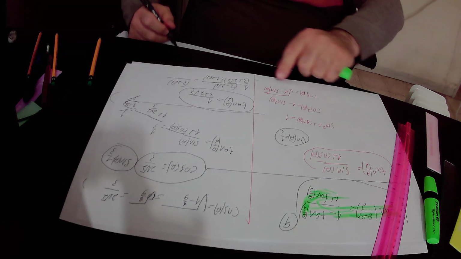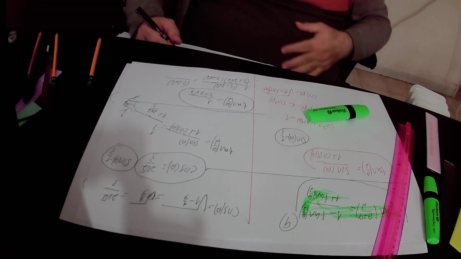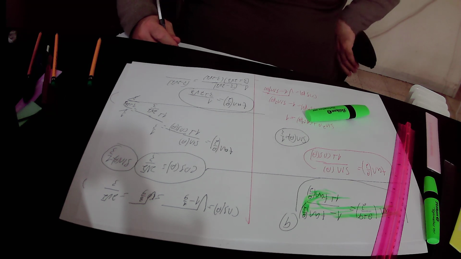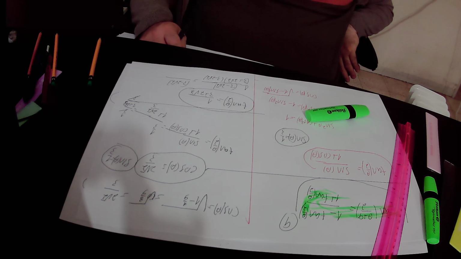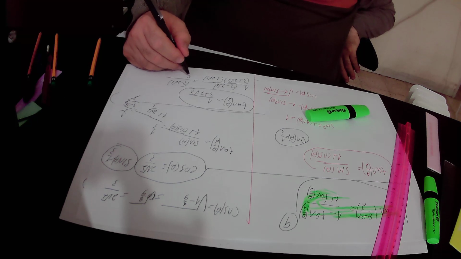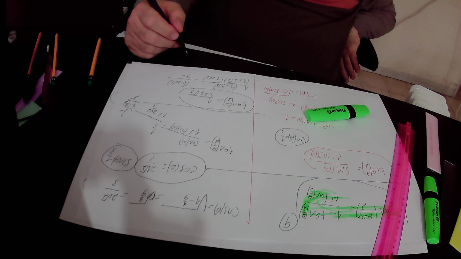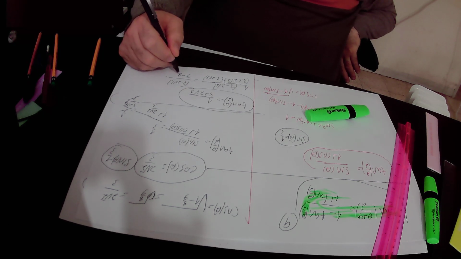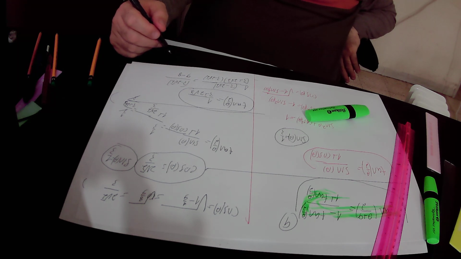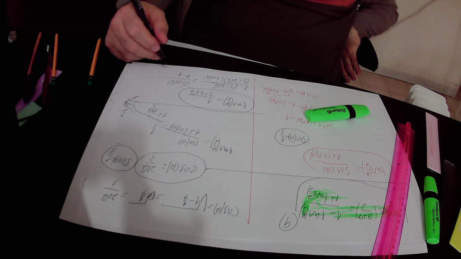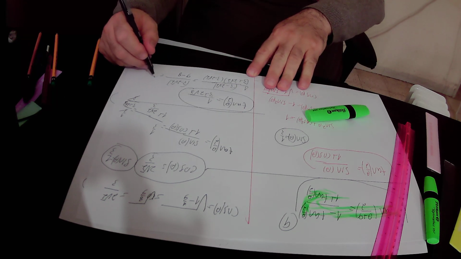In the denominator we have an expression very similar to a plus b times a minus b, and a plus b times a minus b equals a squared minus b squared. A is 3, so a squared is 3 squared, which is 9, minus b squared. B is 2 times square root of 2, and 2 times square root of 2 squared is 8. So in conclusion, in the denominator we have 9 minus 8, and in the numerator we have 3 minus 2 times square root of 2.